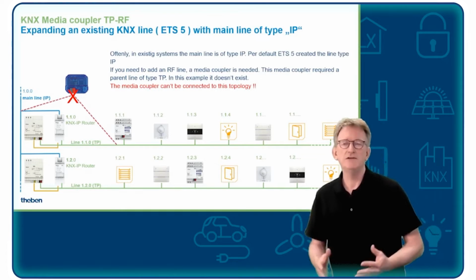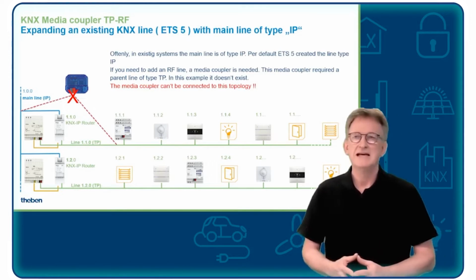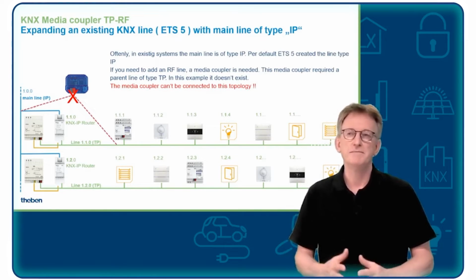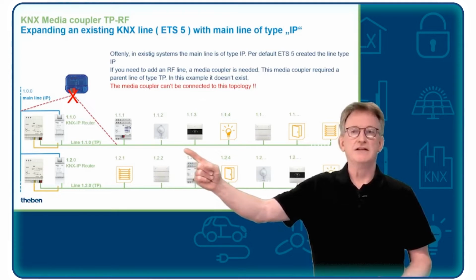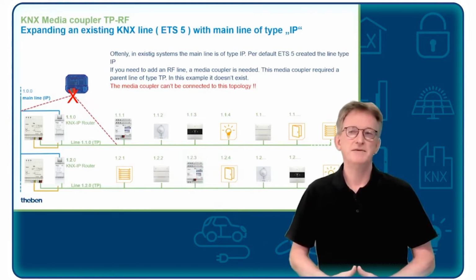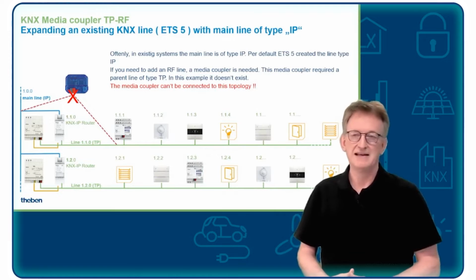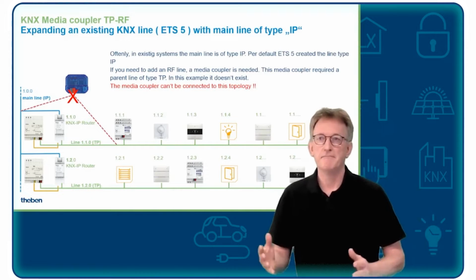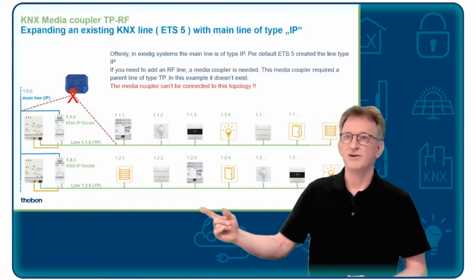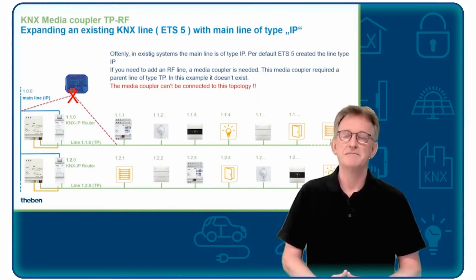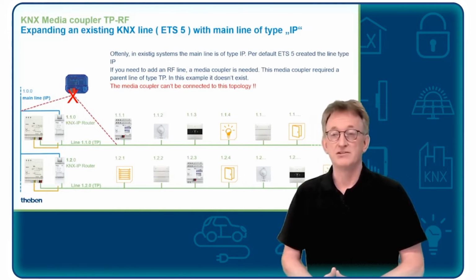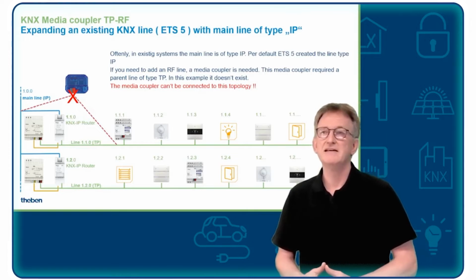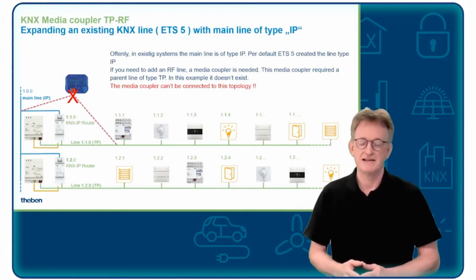But now you have exactly the same request that you would like to add a media coupler to it. As we have learned, it's not allowed to directly connect the media coupler to that existing line. But you also cannot connect it to the main line because it needs TP. It has a TP connector. So what is the option? It's pretty difficult. In this case, you cannot add an additional RF line to it.